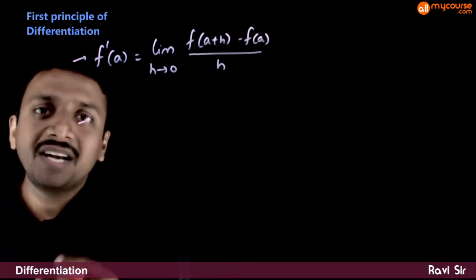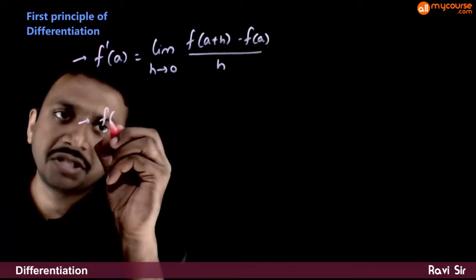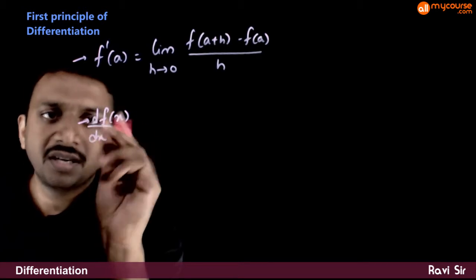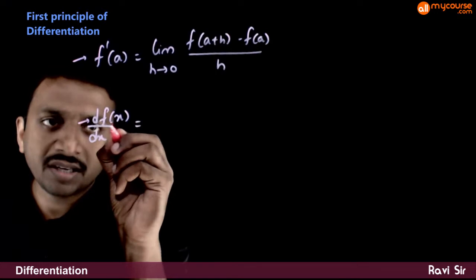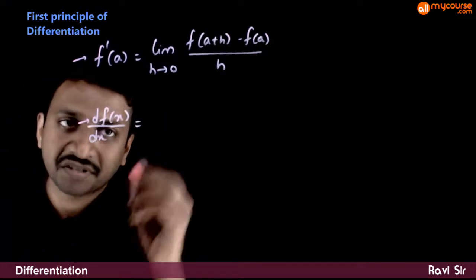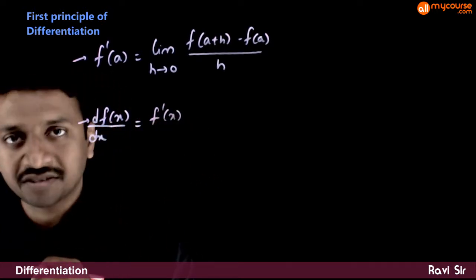Now the general derivative function of a given function. So if you have a function f of x, so d of f of x by dx is called the differentiation function of f of x. This is represented as f dash of x.